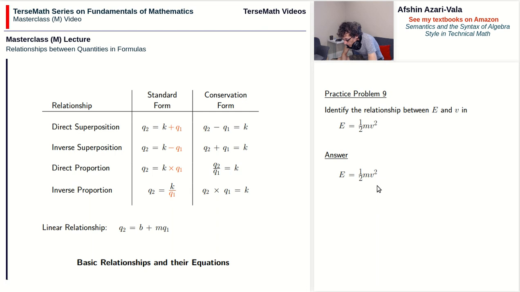We turn the ones that don't have the unknown v in them into a constant. That would be 1/2 and m. Now this equation does not map onto any of the equations that we have here. This is not direct proportion, because for direct proportion the constant multiplies q1 only. q1 is v. Here the constant does not multiply v, it multiplies v squared. This equation is nonlinear.